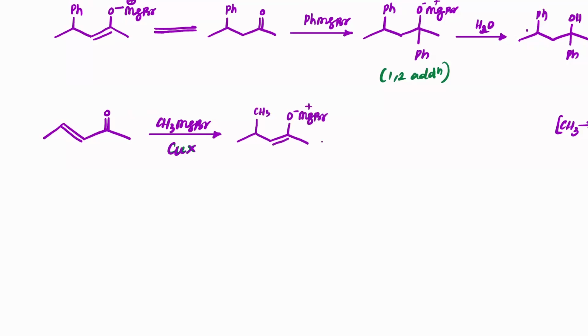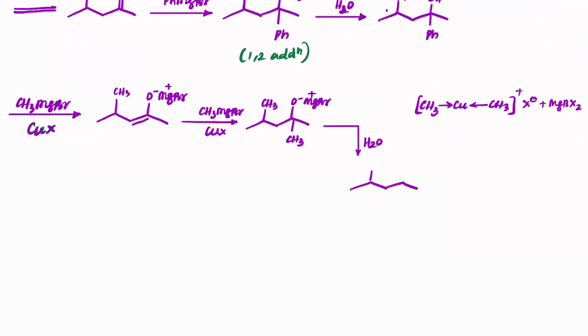Correct? And when you react with the second mole, only then will 1,2 reaction take place again. So you'll get CH3 here with O minus MgBr plus. And that on further treatment with water will convert into an alcohol form, CH3, CH3 and OH, everybody.